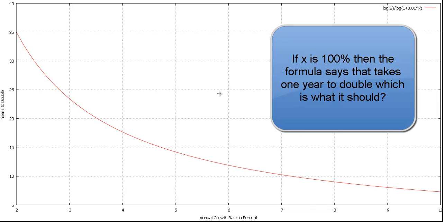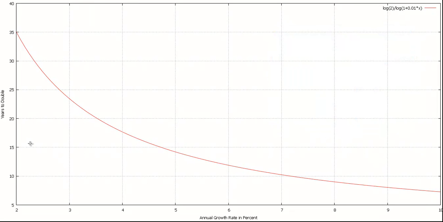While many places in the developed world at the moment are growing less than 2%. So if the economy only grows at 2%, it'll take 35 years for the economy to double.